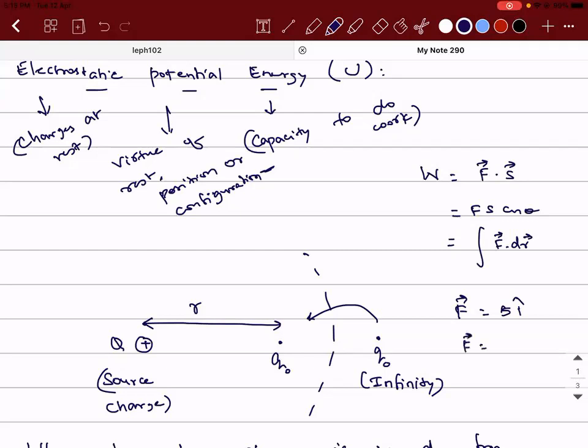So F vector is equal to 5x I cap. Is this a constant or a variable? Why do you say it's a variable? Because force is a function of displacement. So if force is a function of displacement, it is a variable force. When it is a variable force, you need to use this formula. When it is a constant force, you need to use the first formula. Is this clarity there in your mind? Right. Next time you can answer it. Good.